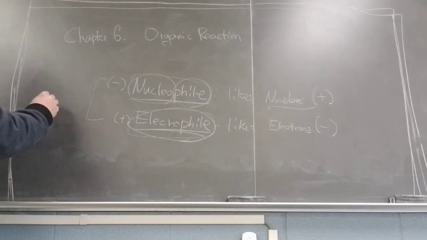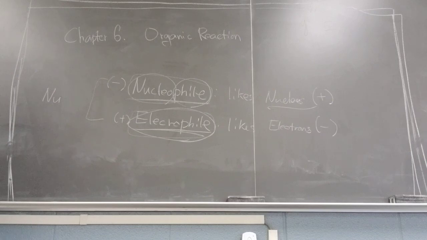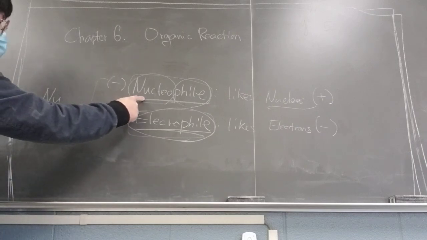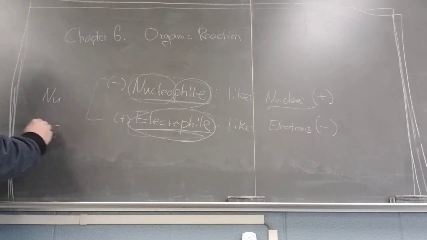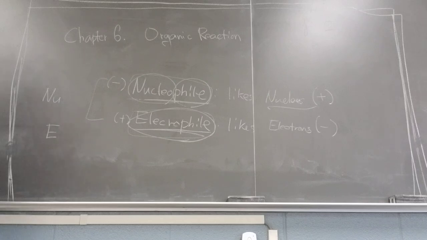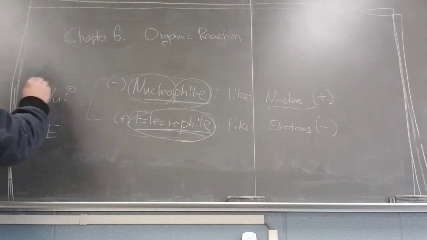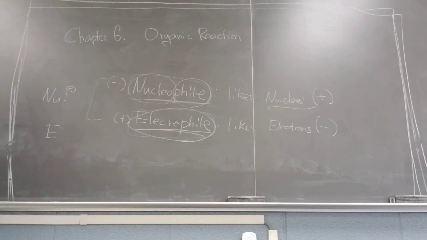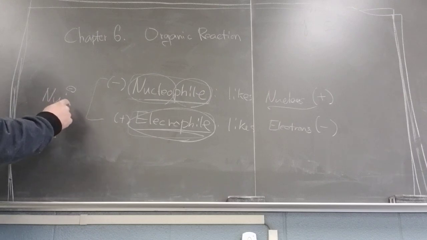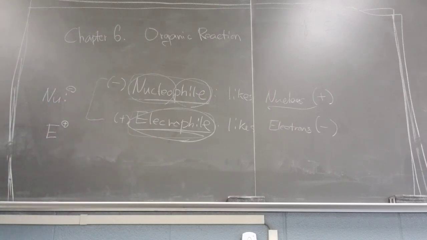So normally, this is how we write the chemical equation for the nucleophile, and this is the electrophile. Let's say you have a negative charge. It doesn't always have to be a negative charge, but let's say we have a negatively charged nucleophile, and obviously most electrophiles are positively charged, right?